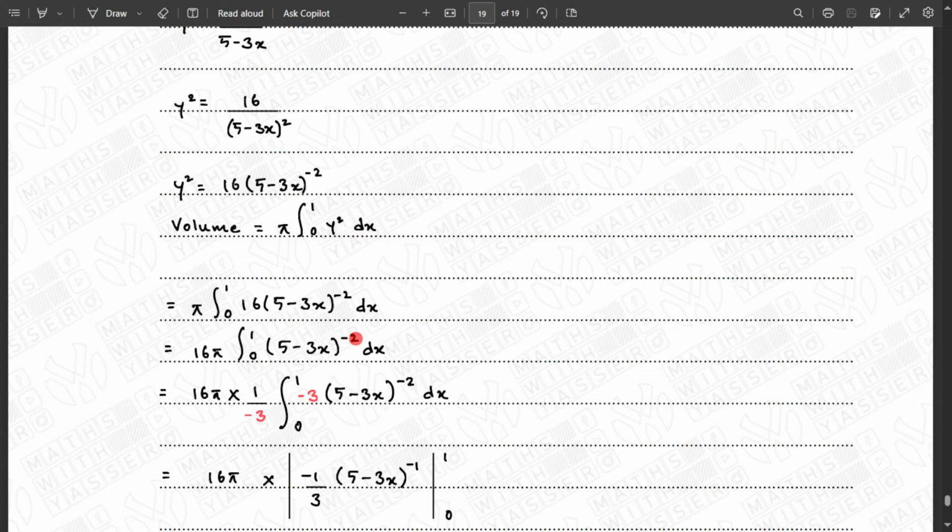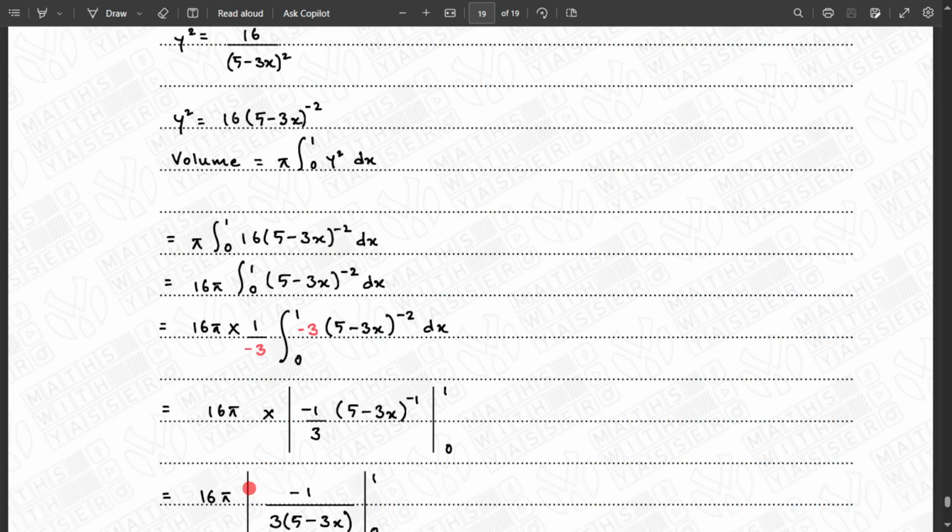If the power is the operator, we need to differentiate this. Differentiating 5 minus 3x will give us negative 3. So we bring negative 3 over here, and in order to balance it, we multiply on the outside by 1 by minus 3.